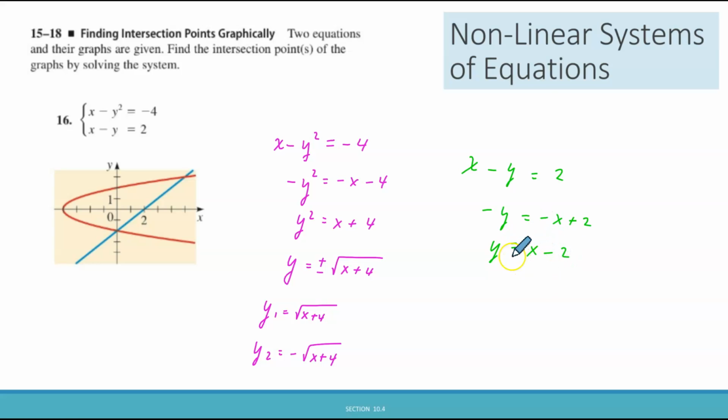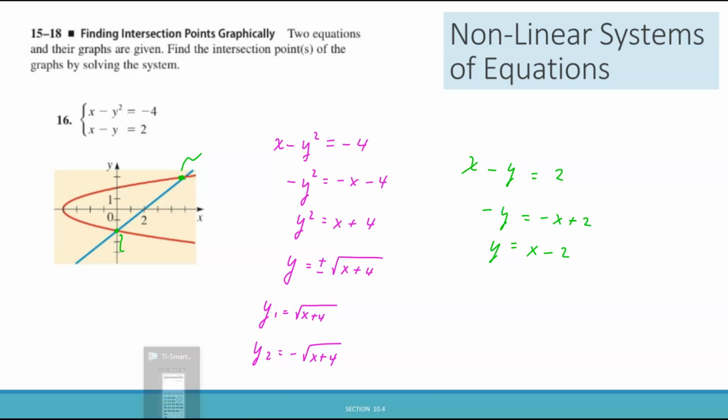Here we have a line that has a positive slope of 1 and a y-intercept of negative 2. And so what we see is we should have two solutions for this system. We have this solution here, and we have this solution here.